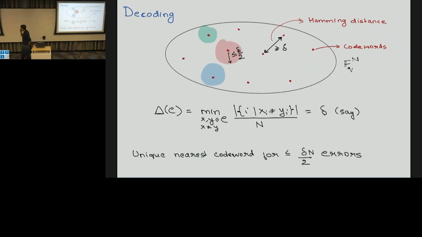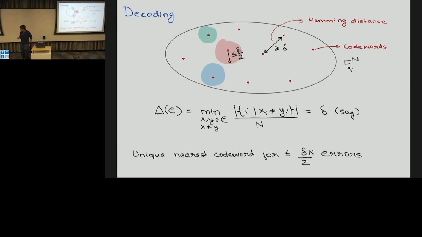And now, just to formalize what we were saying, that far apart points help us fix errors. Let's say any 2 points are at least delta far from each other. So delta is the minimum distance between 2 red points in this picture. And again, delta is a fraction between 0 and 1.